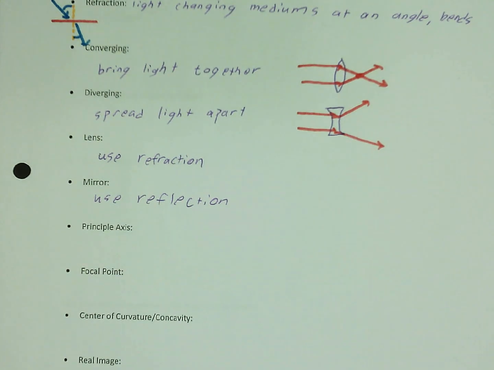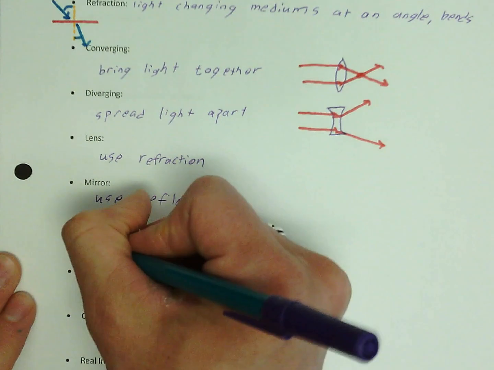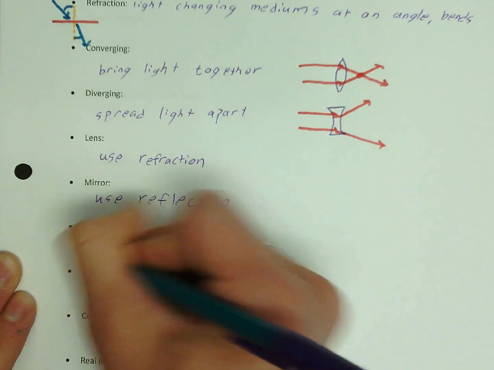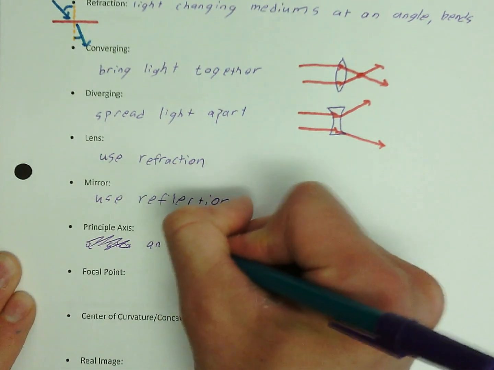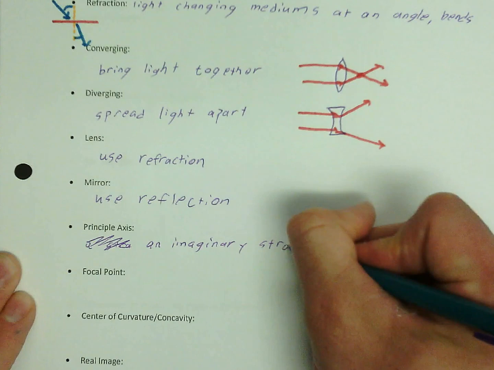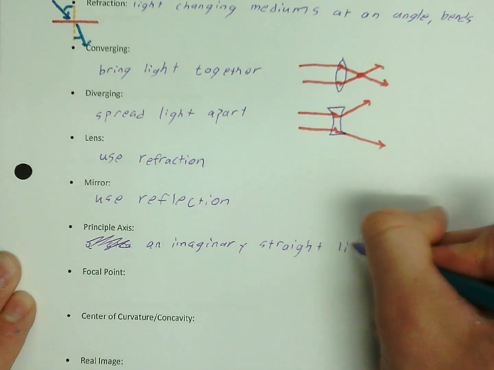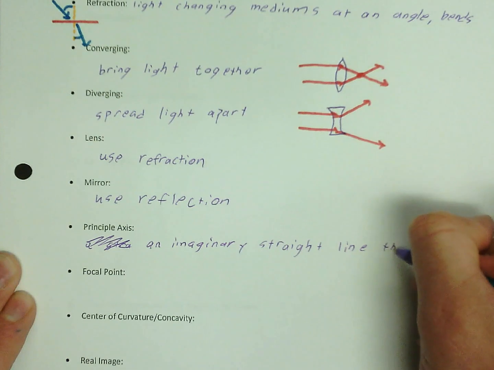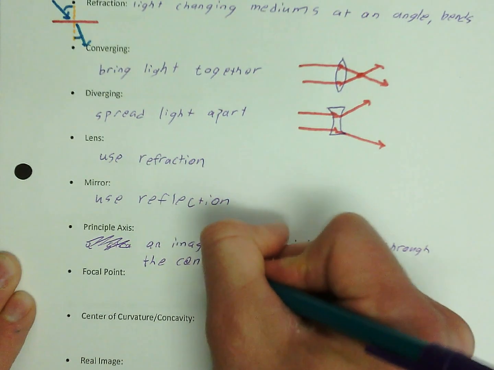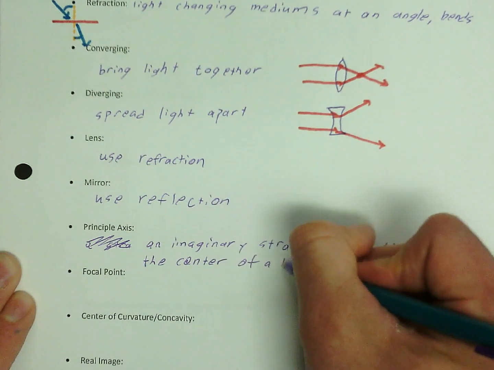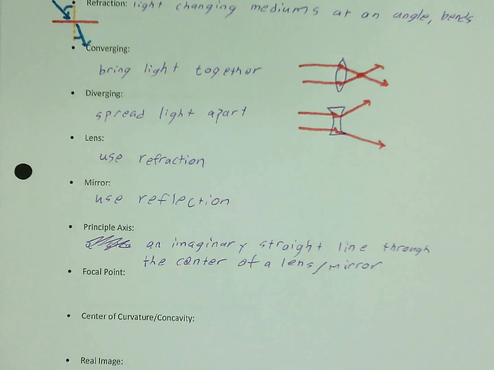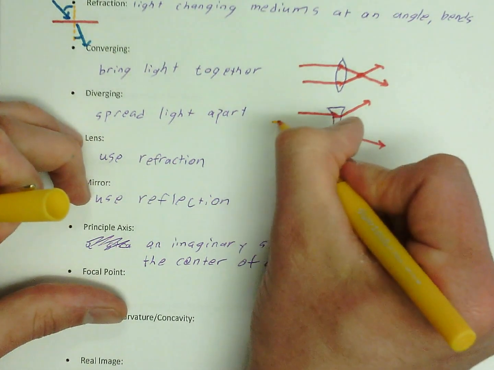The principal axis is an imaginary straight line through the center of a lens or mirror. And it looks like this.